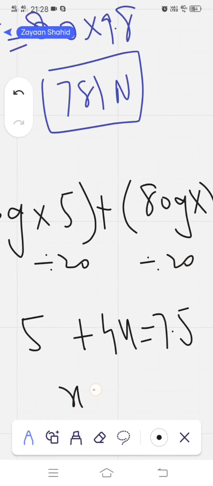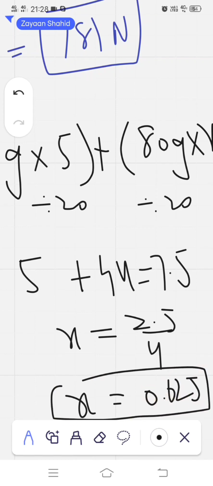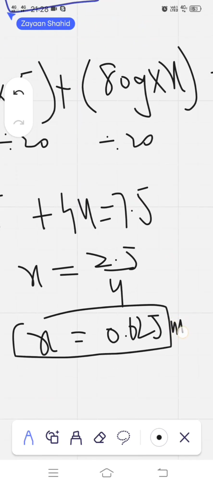So x is equal to 2.5 divided by 4. When we find this value, it will be 0.625. So the distance CB is 0.625 meter. So this is question 7.